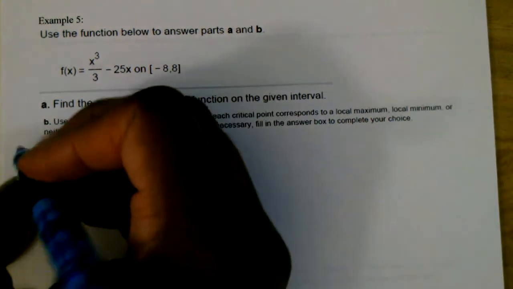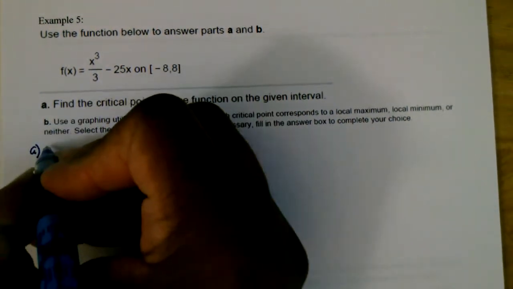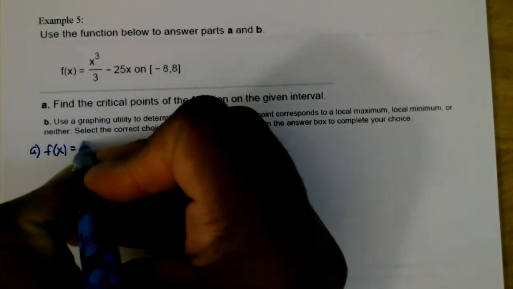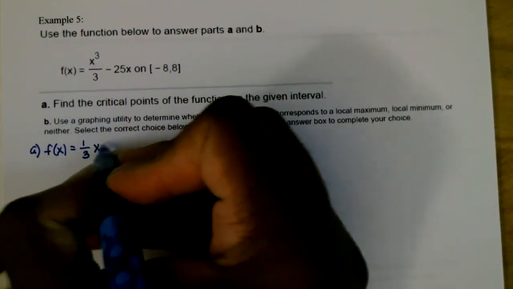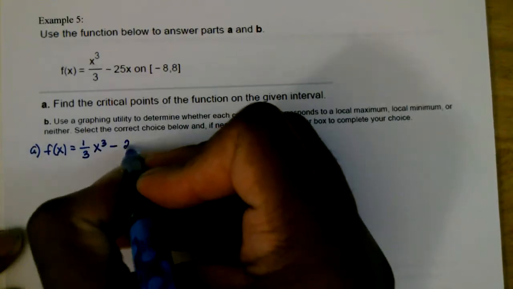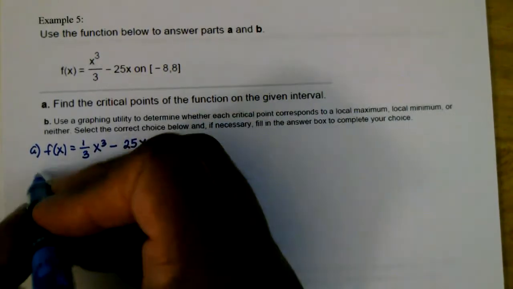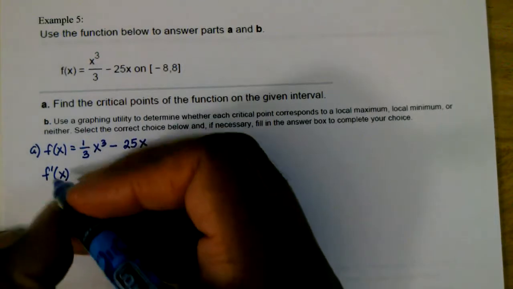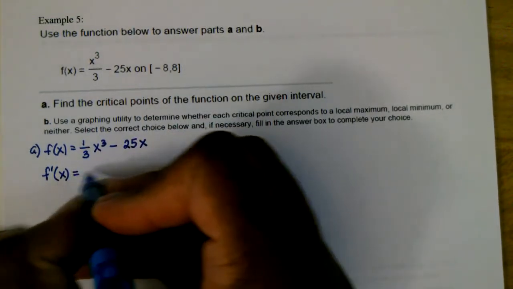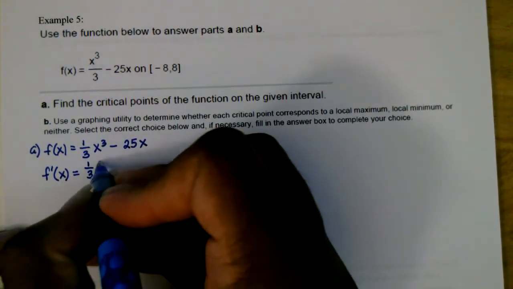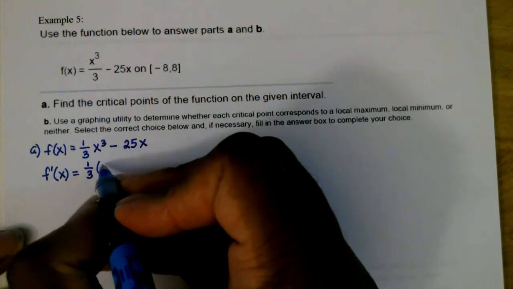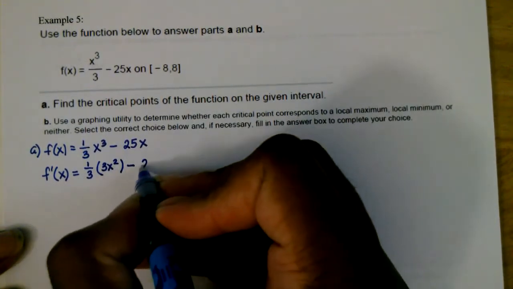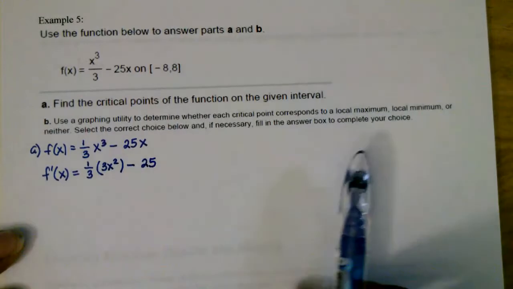All right, so now in part A, we got f of x is equal to, I'm going to write that x cubed over 3 as 1/3 x cubed minus 25x. So here I'm going to do f prime of x, which will be 1/3 times the derivative of x cubed, which is 3x squared, minus the derivative of 25x, which is 25.